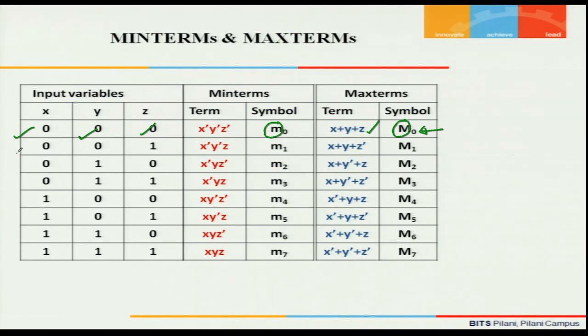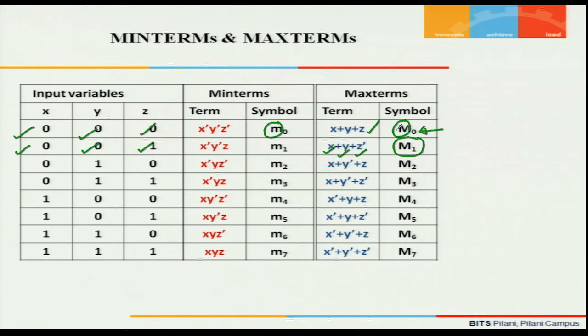Now, input x 0, y 0, z 1 results in a max term x plus y plus z bar, represented as M1. What you notice here is that in the max term, when you write the input literal, you write the true value of the literal if the input signal corresponding to that literal is 0. You write the complement value of the literal if the input signal corresponding to that literal is 1.